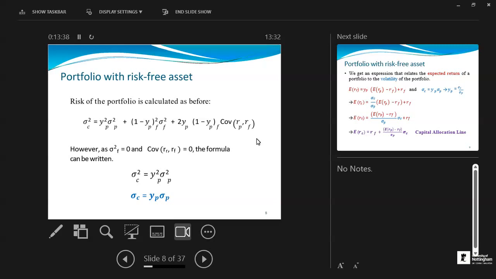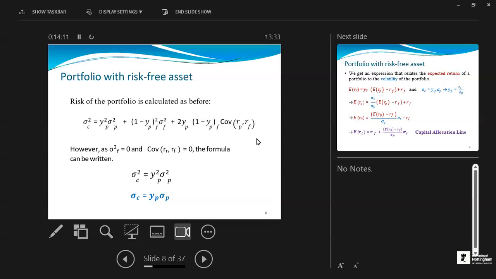But here, the other asset is a risk-free asset, which means its riskiness is zero. Its variance is equal to zero. So if we put the variance of the risk-free asset equal to zero in the above formula, what are we left with?